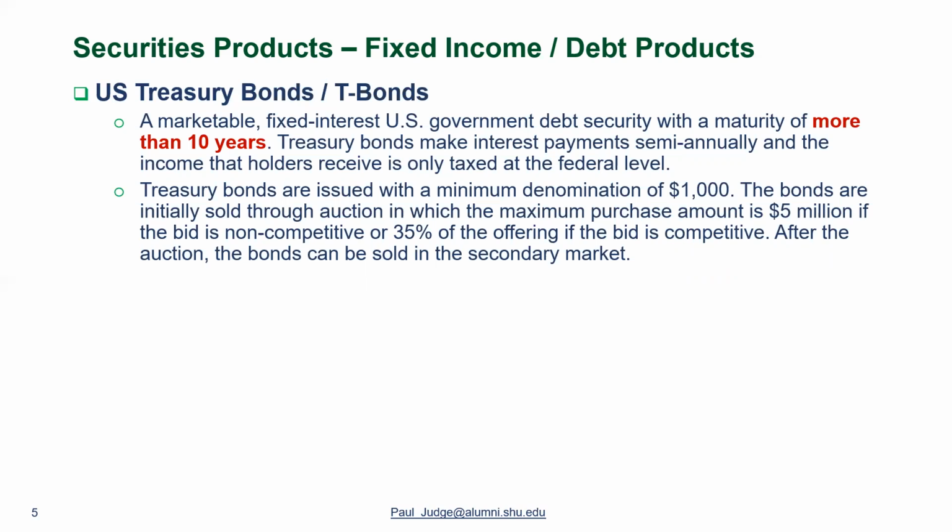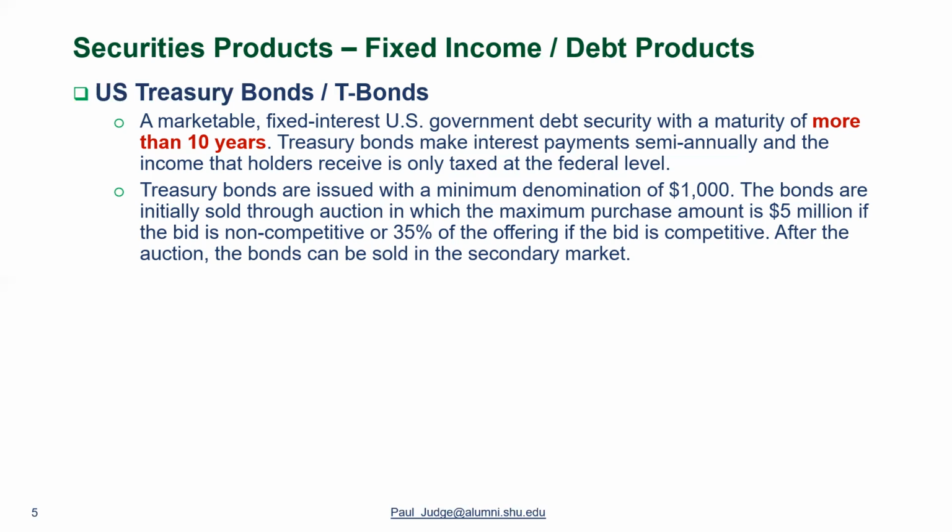So you're only going to have to pay tax on this at the federal level. The states cannot tax the income that you make on a T-bond. Treasury bonds are issued at a minimum denomination of 1,000. The bonds are initially sold through an auction in which the maximum purchase amount is $5 million, and a competitive.